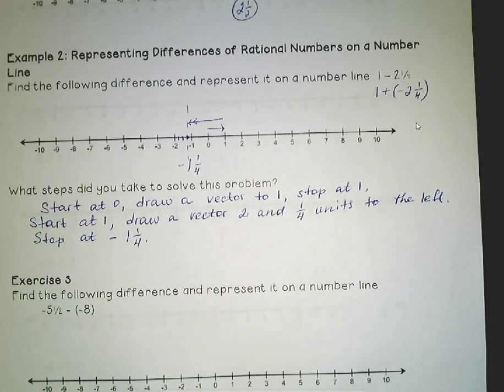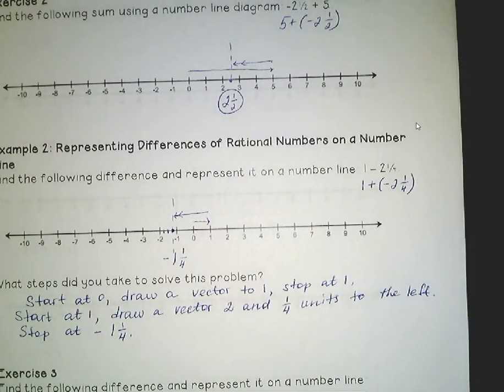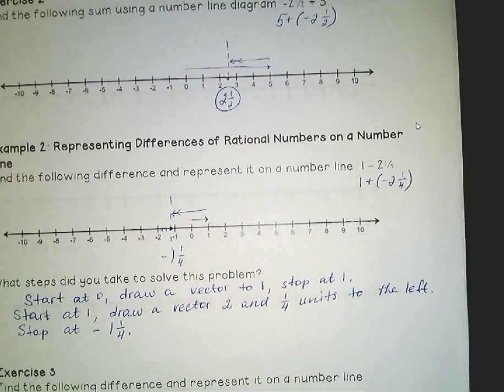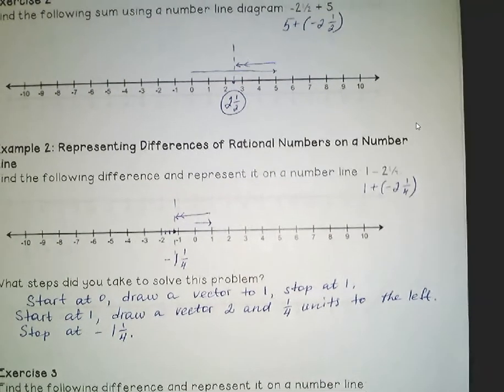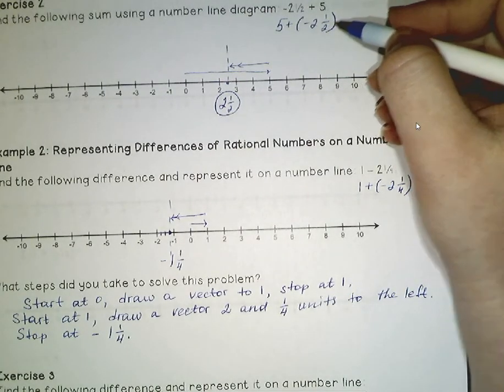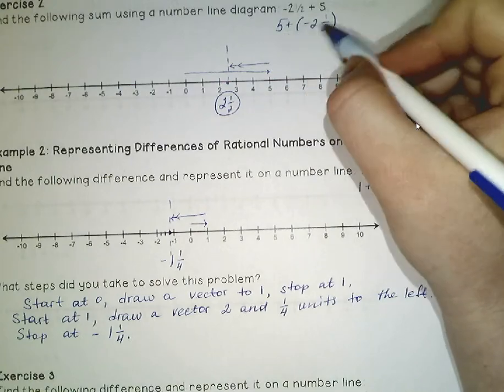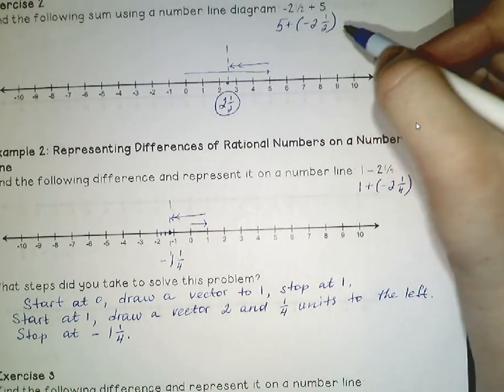Before I go into exercise 3, I want to just very quickly review how you would subtract these two numbers without using a number line. I know it might be a little bit ahead, but I want to show you how to do subtraction if you don't remember it. So let's go back to 5 plus -2 and 1/2. Because the two numbers have opposite signs, I'm going to subtract from the higher absolute value.